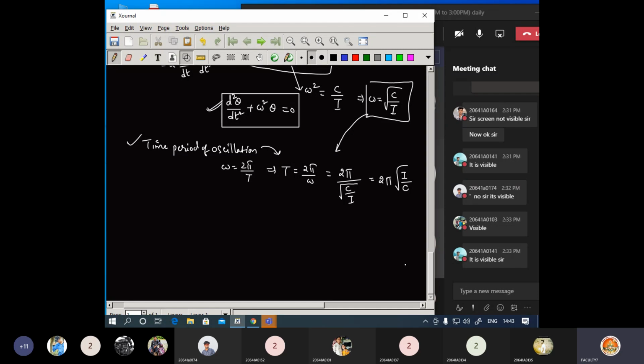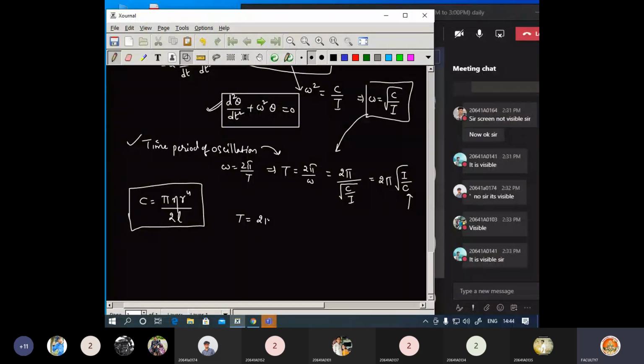Now previously you got the expression for C. C was given as πηr⁴ by 2L. This was the expression for twisting couple per unit twist. Now you substitute the value of C in this expression. Then what is the resultant equation?